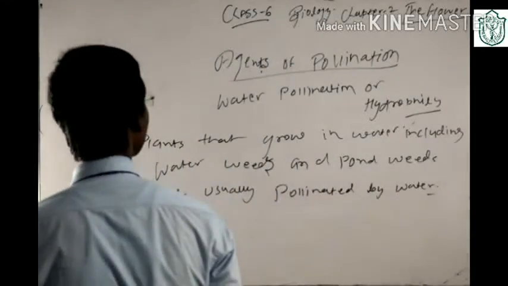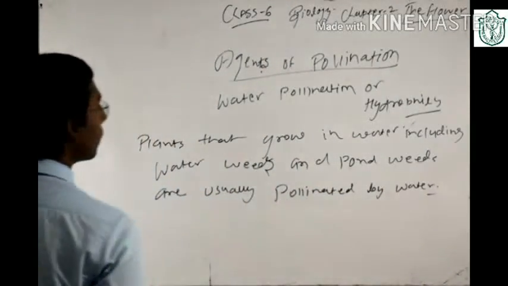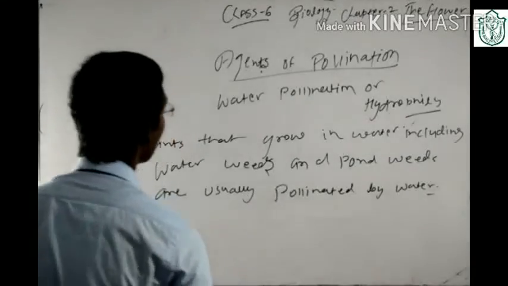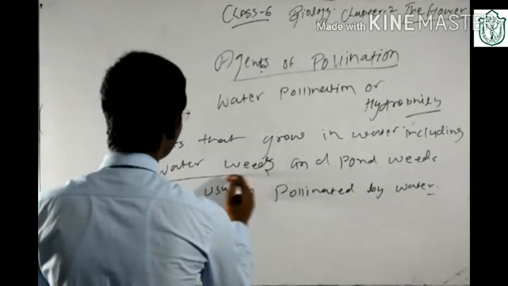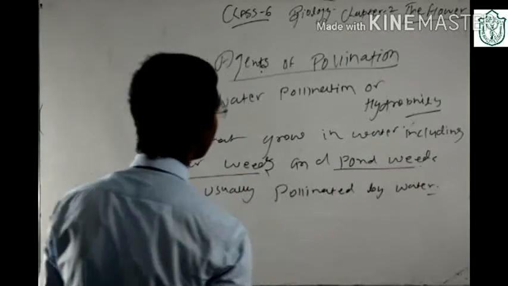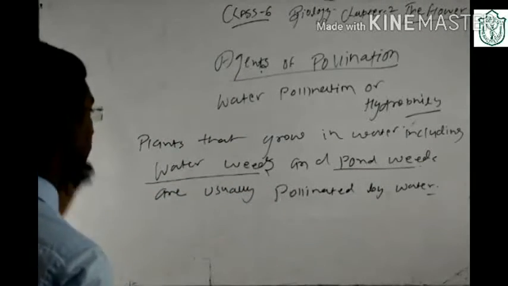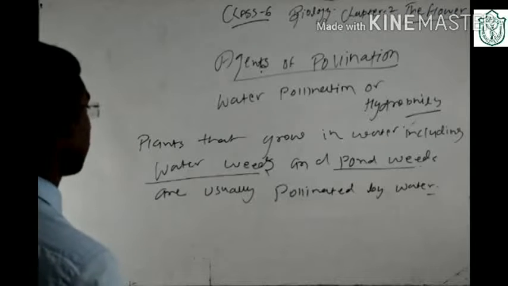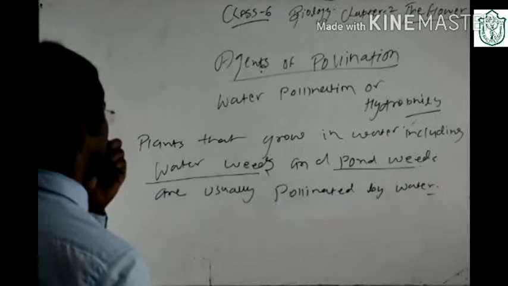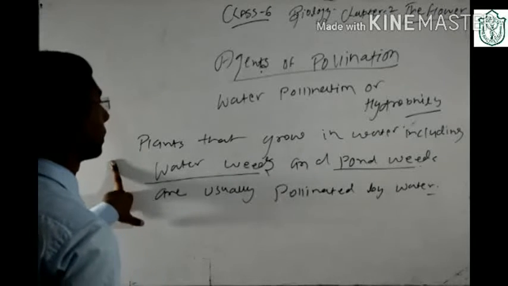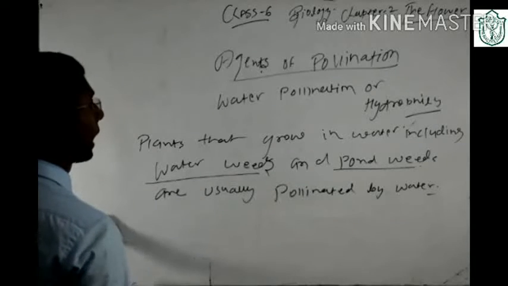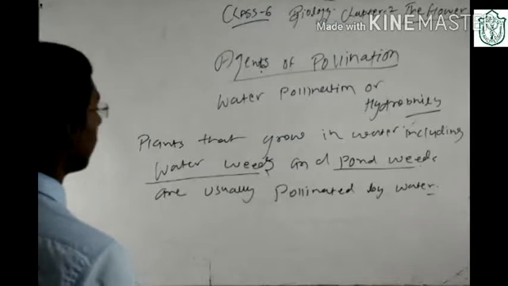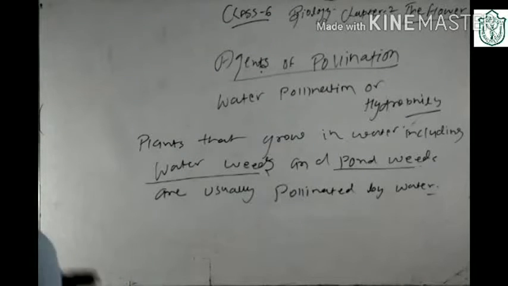So here we have two types of plants. Along with the plants which grow in water, waterways and pondways are also pollinated by the help of water.